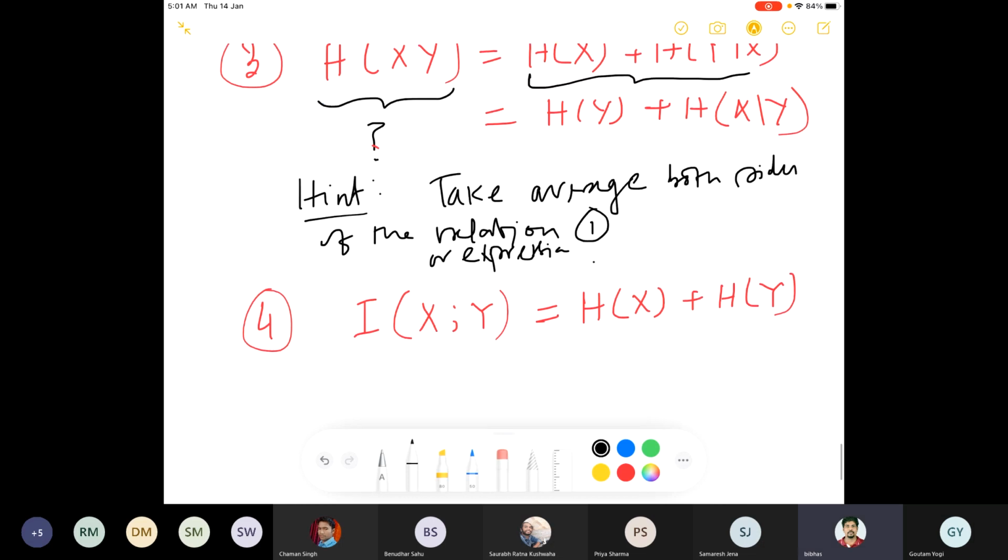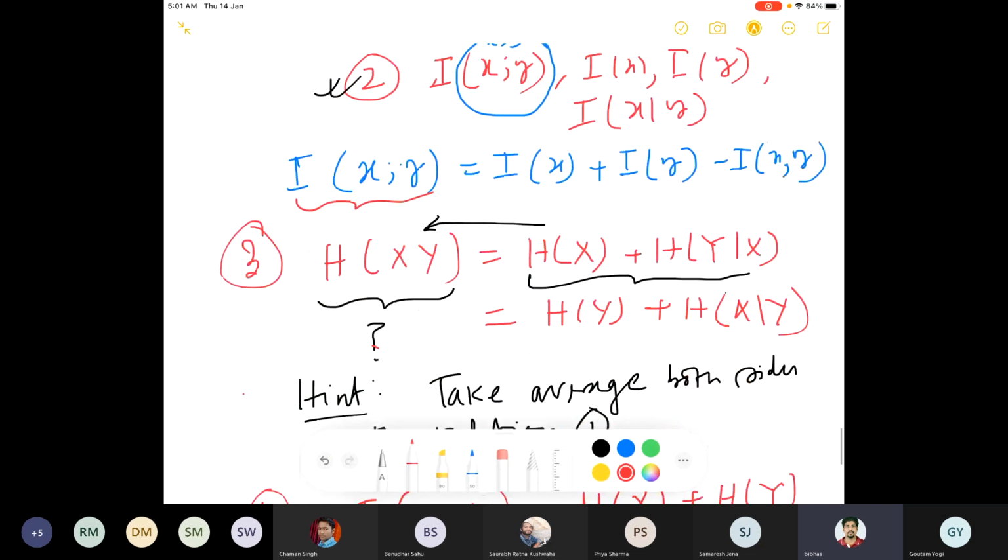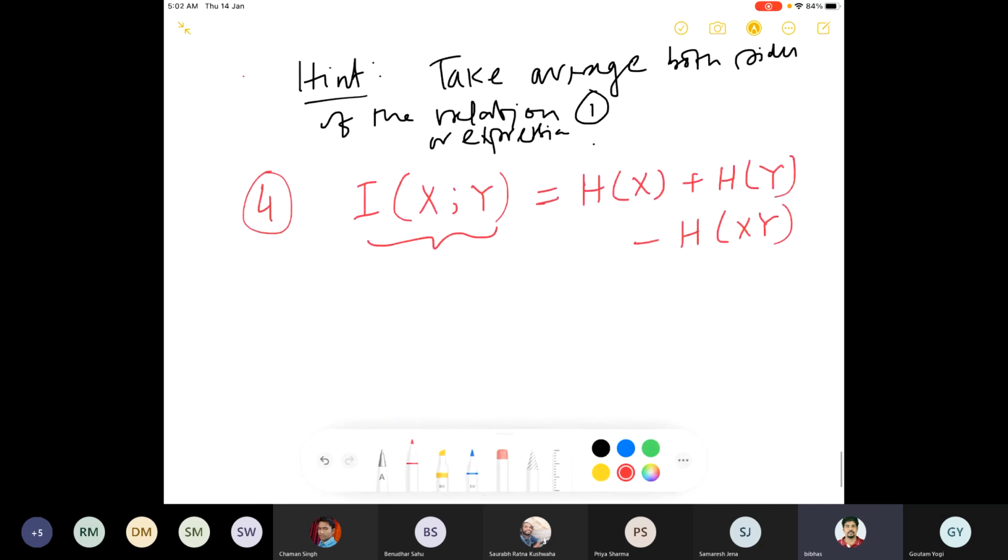My next question is, you have to prove that this is the case, H(XY). How do you do that? Since this is the average mutual information, the average, and here you see the average, the idea is the same thing.